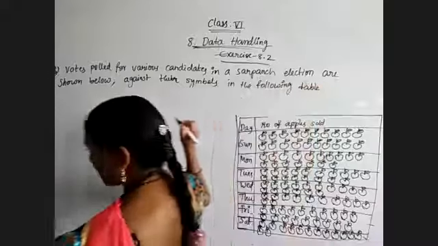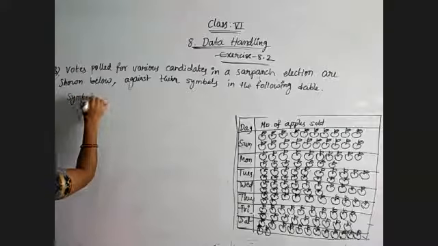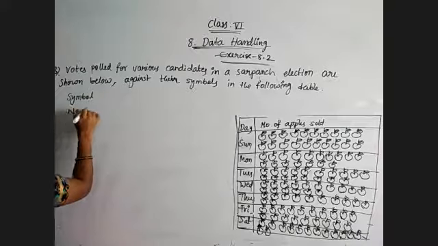So here the table is mentioned like this: symbol and number of votes polled.